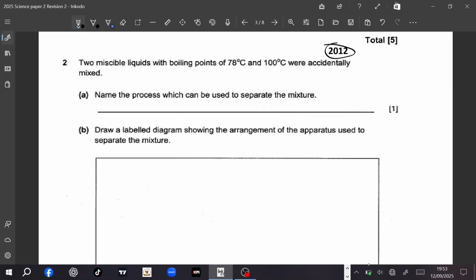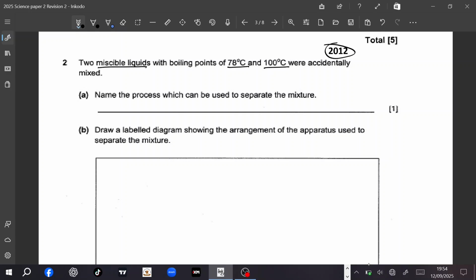So we are saying two miscible liquids with boiling points, one 78 degrees Celsius, another 100 degrees Celsius, were accidentally mixed. So you must understand what miscible liquids are. Miscible liquids are liquids that mix uniformly, like water and alcohol, or water and ethanol.